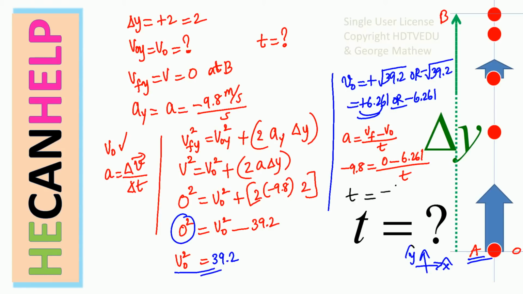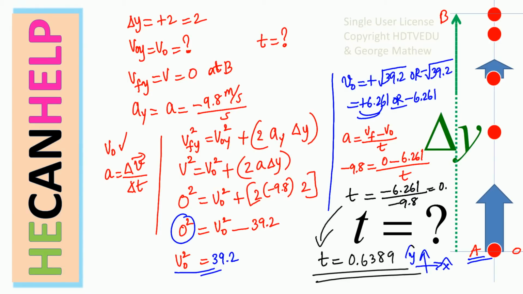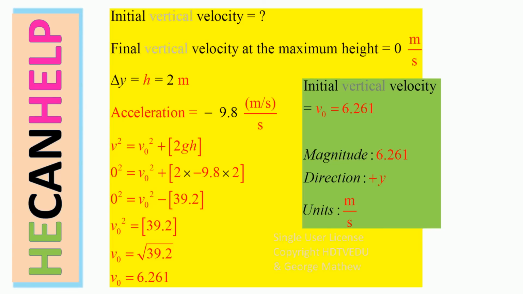It is negative 6.261 divided by negative 9.8. Negative divided by negative is positive. So what do we get? t is equal to, I will write it here, okay? 0.6389 seconds.